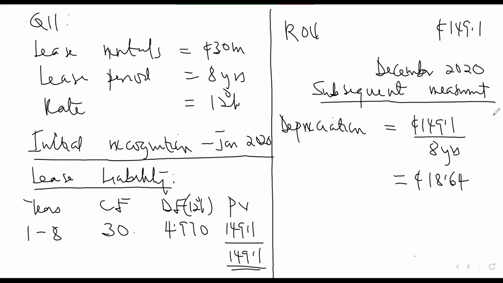Then what will happen? We have to increase our lease liability. We have to find the interest because, since we are not paying the money today, the person has factored in time value of money. So we have to be looking for the interest that we are supposed to be paying. So we come to the lease liability at start, that is at the beginning of the year.